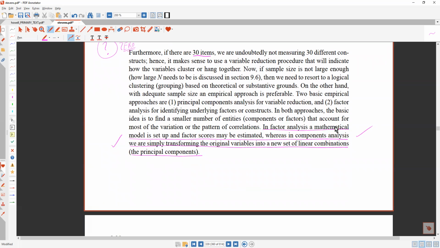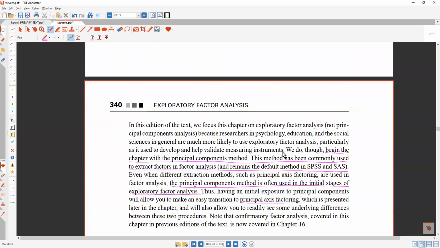In factor analysis, a mathematical model is set up and factor scores may be estimated, we'll talk about that briefly, whereas in components analysis, we're simply transforming the original variables into new sets of linear combinations, the principal components. This is right on, and the authors do a nice job of distinguishing there. After this distinction is made, you're going to see later in the chapter that PCA is treated a little like EFA. But if you remember this distinction, then you can interpret the rest of the chapter as we go.